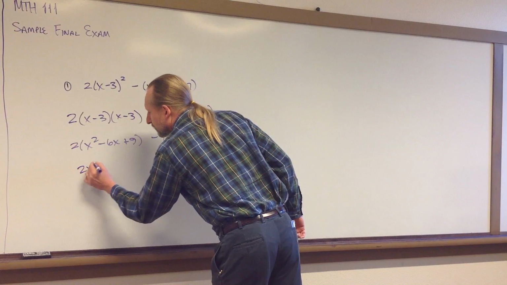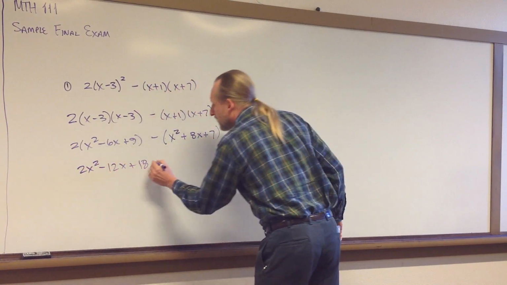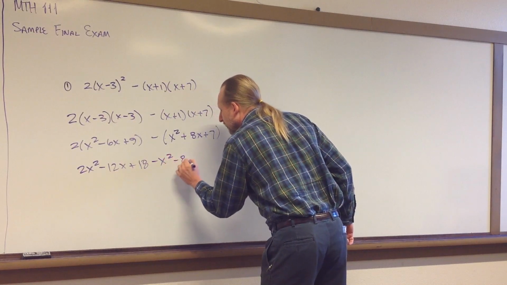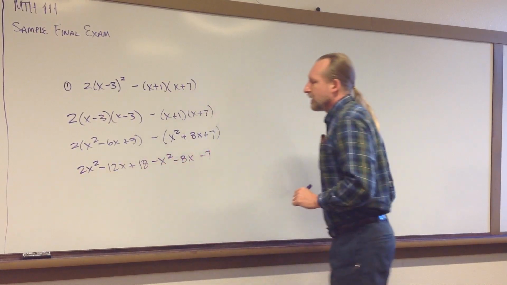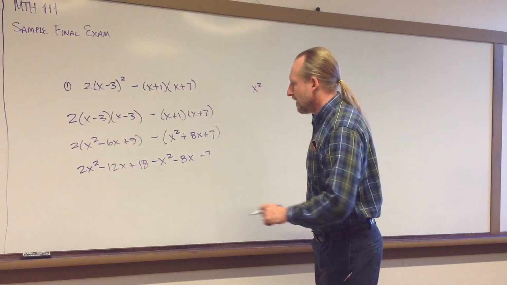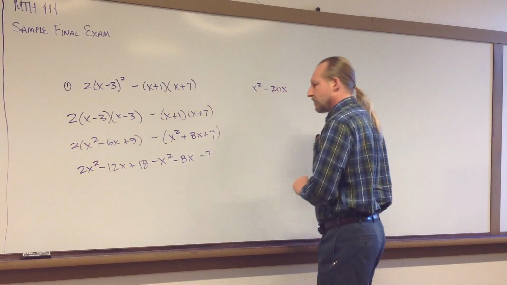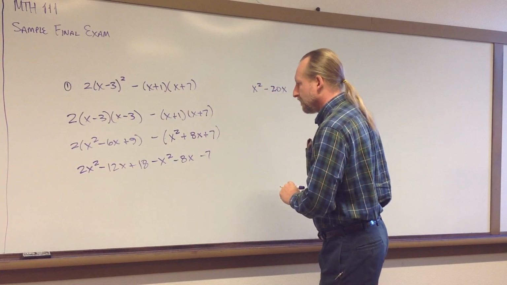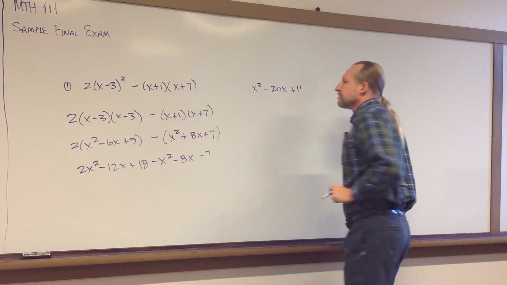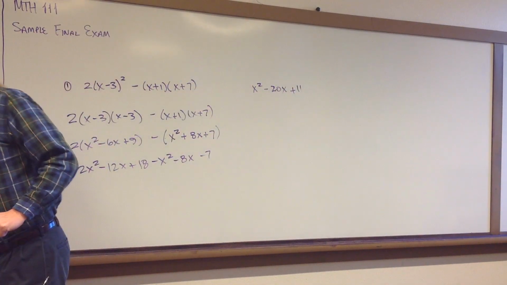So this will be 2x squared minus 12x plus 18, and then minus x squared minus 8x minus 7. So we'll end up with 1x squared minus 20x, and then plus 11. Okay? All right.